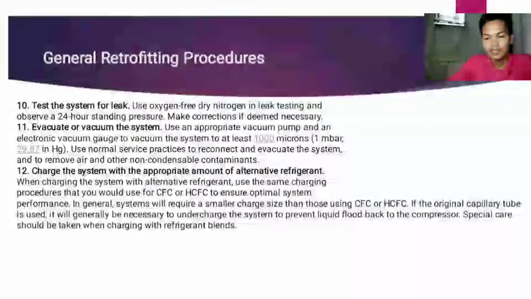And number 10 is test the system for leaks. Use oxygen-free dry nitrogen in leak testing and observe the standing pressure. Make corrections if deemed necessary. Number 11. Evacuate or vacuum the system.